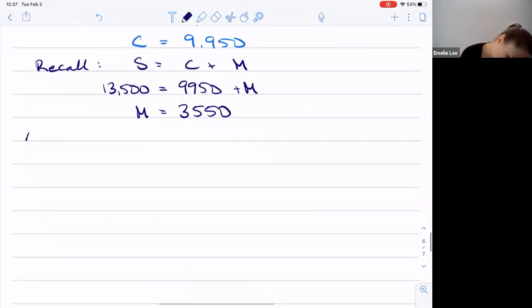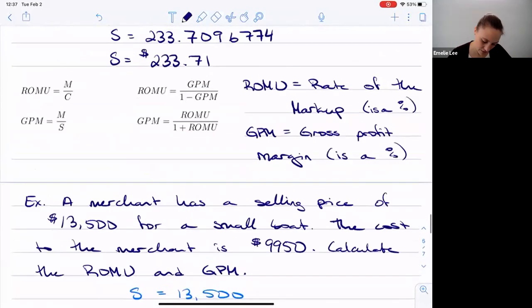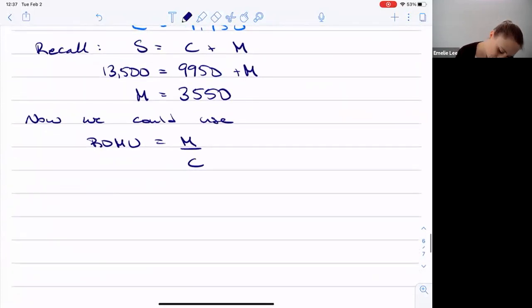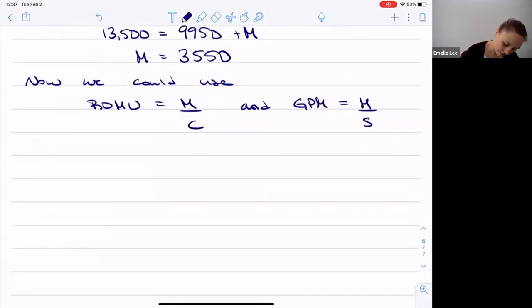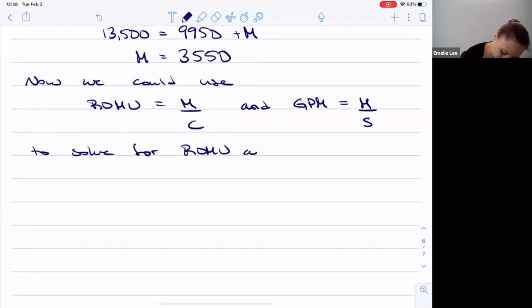So now we could use that the ROMU is the markup over the cost, and the gross profit margin is the markup over the selling price, to solve for ROMU and GPM.